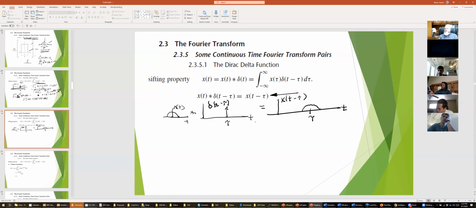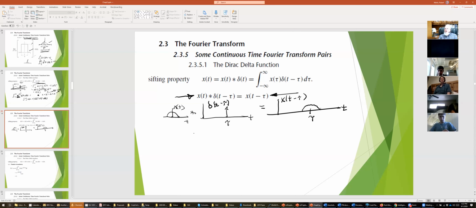So again, any function convolved with a shifted delta function shifts the function to be centered where the Dirac delta was. And that's expressed in this expression right here, that if we take x of t and we convolve it with delta of t minus tau, we end up with x of t minus tau. We end up with the function shifted over.